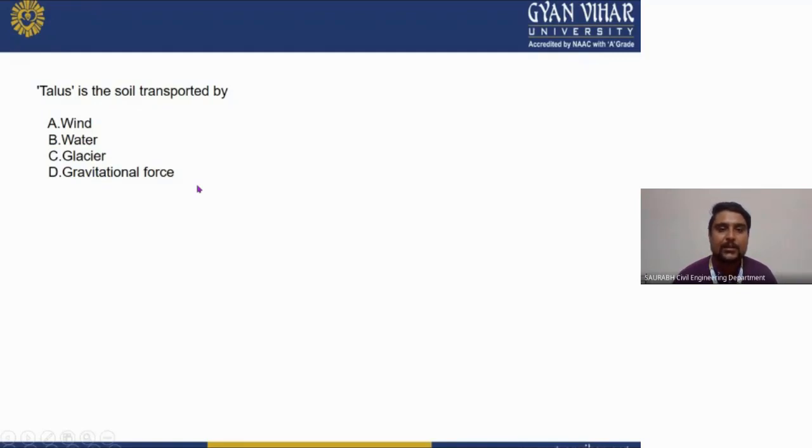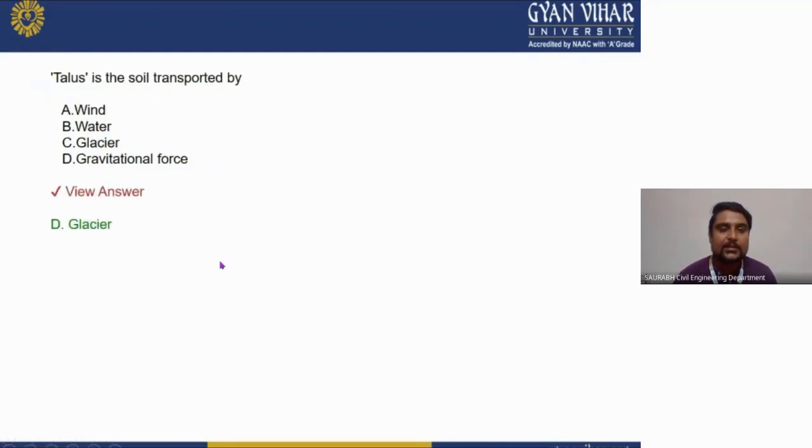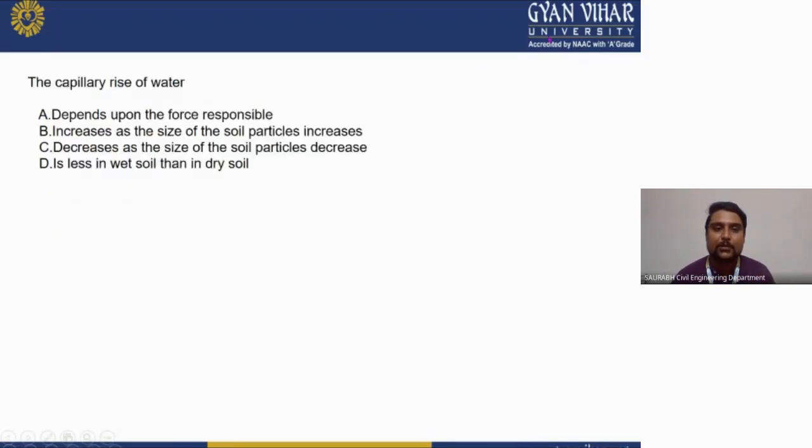Here, talus is soil transported by gravitational force, not by wind, water or glacier. Here the right answer will be gravitational force, meaning talus is the type of soil transported by gravity. This is a very important question, and it has come in many exams, in government exams, and it may also come in your weekly test. That's why this question has become very important.